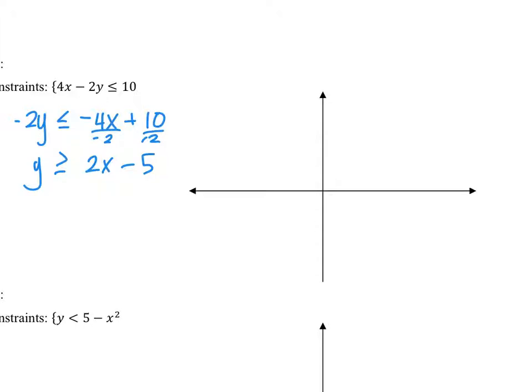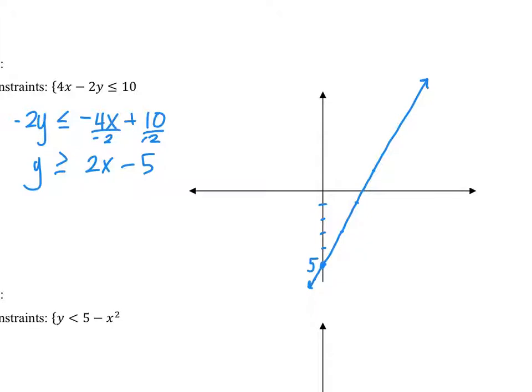So on my graph, I'm going to start at negative 5. So 1, 2, 3, 4, 5. And then the slope is 2 over 1, so up 2 over 1 every time. And this will be a solid line because it does have the equal to part of it. So a nice solid line connecting with the good slope, and maybe even mark off that it's starting at negative 5 on the y-axis.